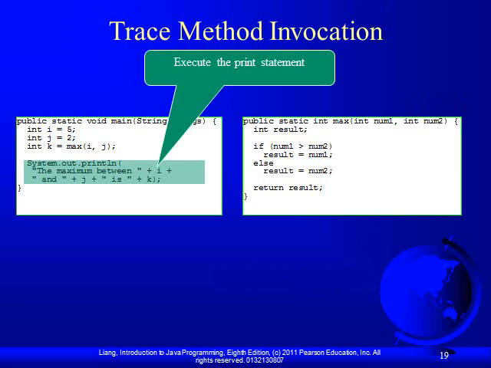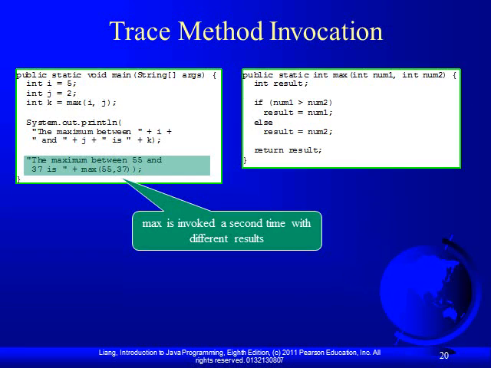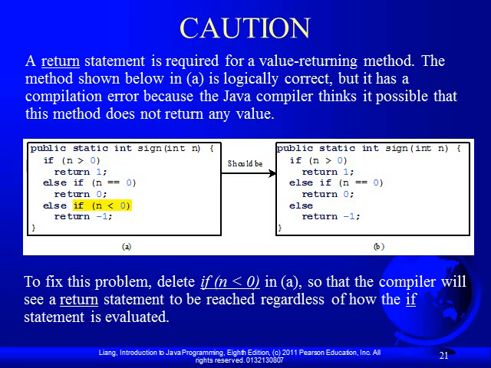At this point, the max method still is available, but it stays dormant until we may need to use it again. So I hope this little animation gave you a sense of what goes on and how control is passed back and forth between the calling program and the method.